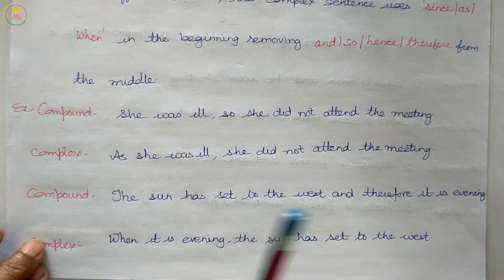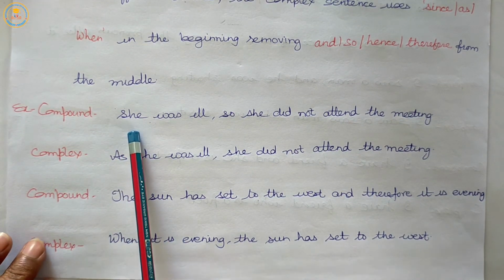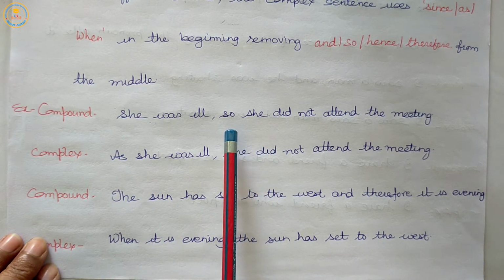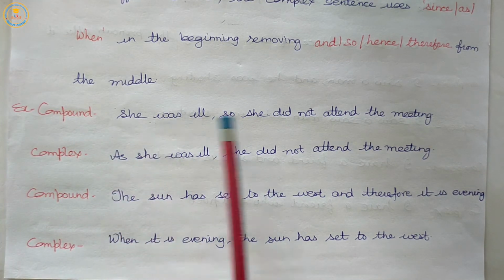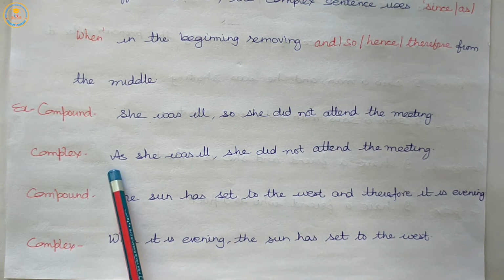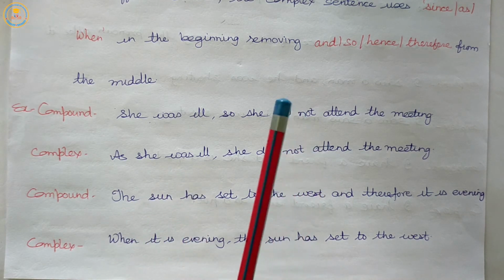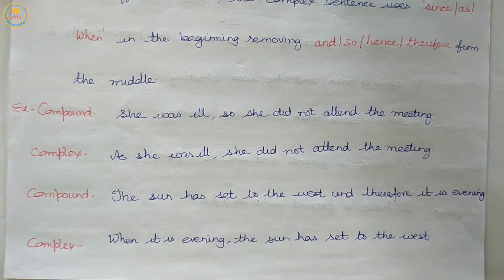Our rule is that if the compound sentence uses "and", "so", "hence", "therefore" to connect two different clauses, then the complex sentence will start with "as", "since" or "when", and we will remove "so", "hence", "therefore" and "and".